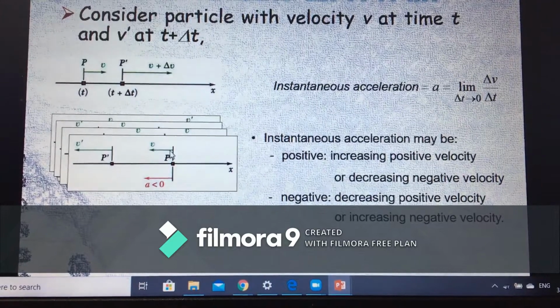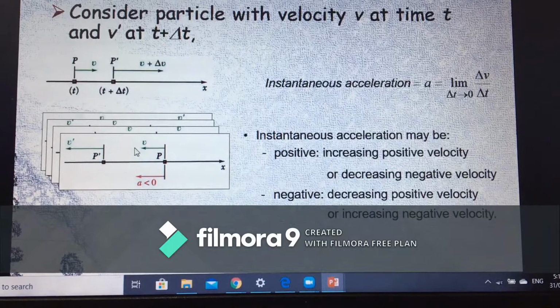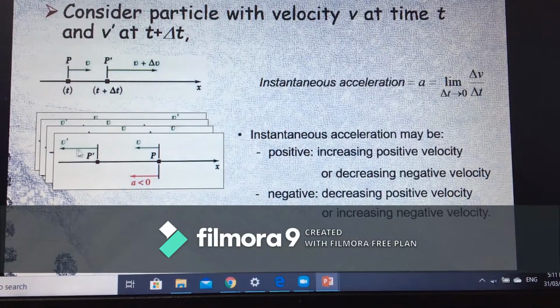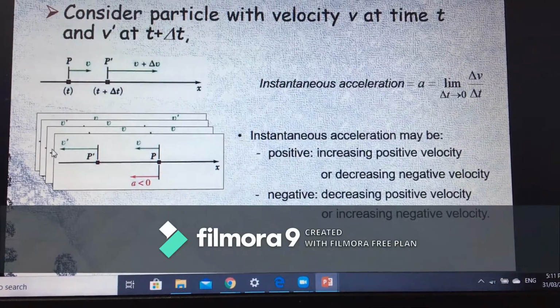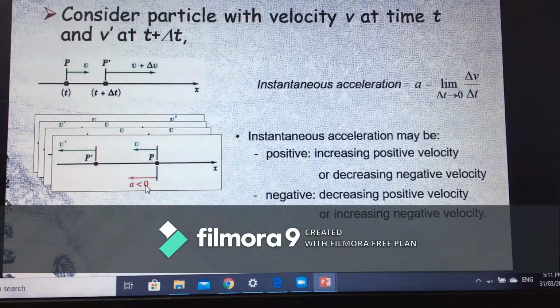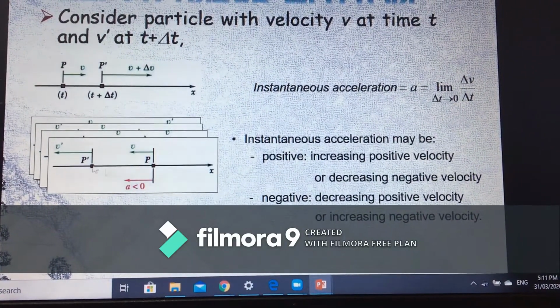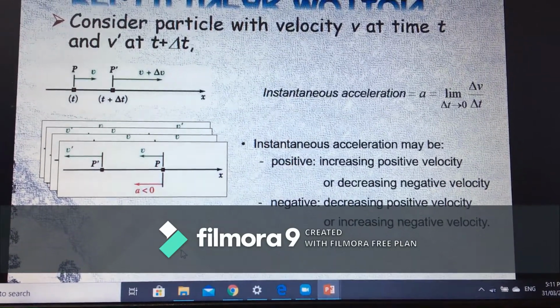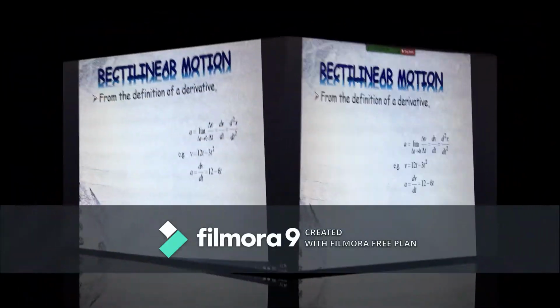Alam natin ang particle going to the left, that is negative, right? Velocity negative. And then, it's increasing. Increasing siya, but going to the left. So, ibig sabihin, ang acceleration natin nito is negative. Or, a is less than 0. So, ito yung mga scenario class. Kailan magiging positive or negative ang acceleration.